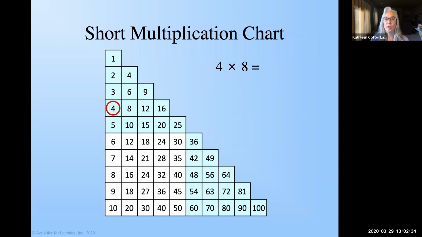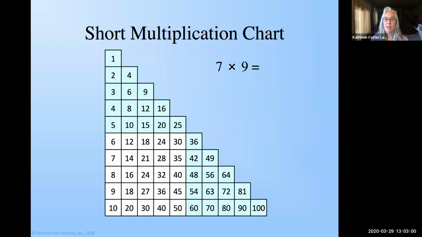So 4, I'm going to count over 4 spaces and then keep going, turn the corner and keep going 5, 6, 7, 8 spaces, which gives me 32. Now again, because of the color shading, I know that I've got 4, 5, 6, 7, 8. So I don't really need to count it. The color helps me see it. So 4 times 8 is 32.